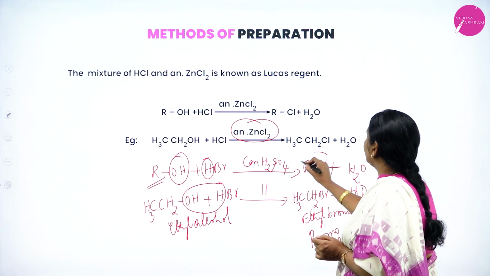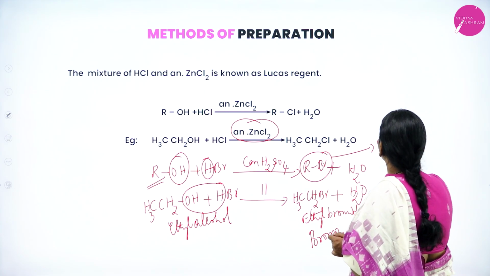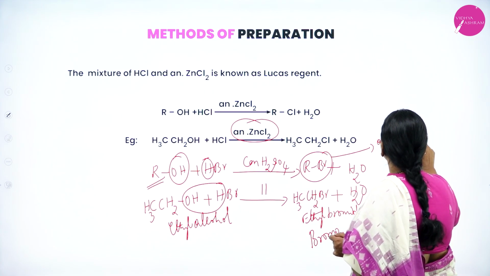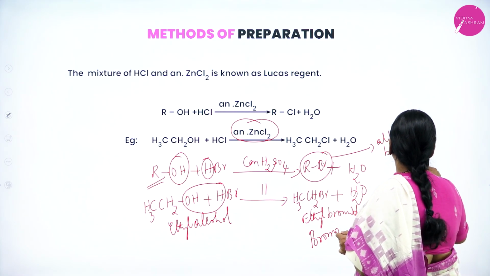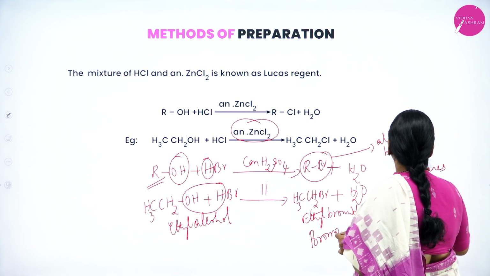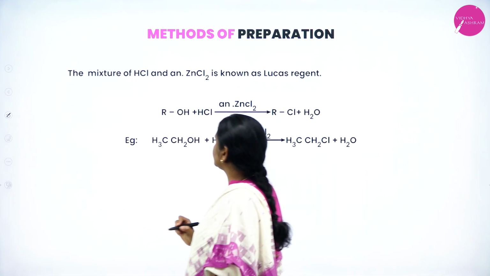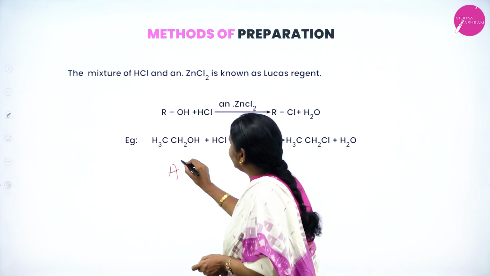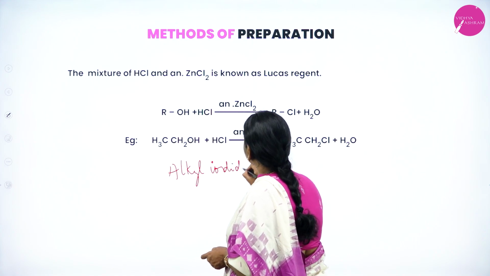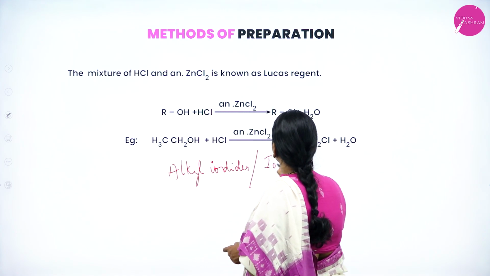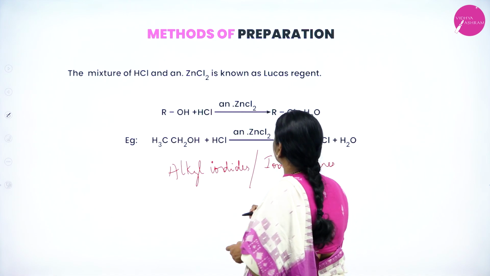First I prepared alkyl chlorides. Now I prepared alkyl bromides or bromoalkanes. Okay. Next, prepare alkyl iodides or iodoalkanes.